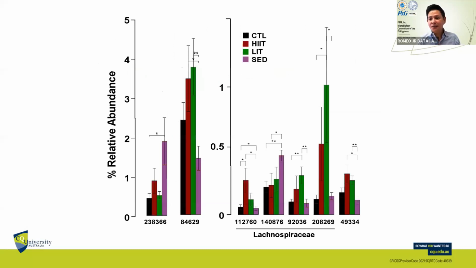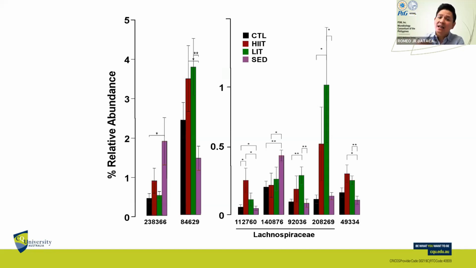Now, in regards to responses of activity groups in the high-fat, high-carbohydrate diet, there were no differences in alpha diversity between activity groups, but there were significant beta diversity differences between groups. And the greater differences were found in the presence, absence of phylotypes rather than the change in abundance.